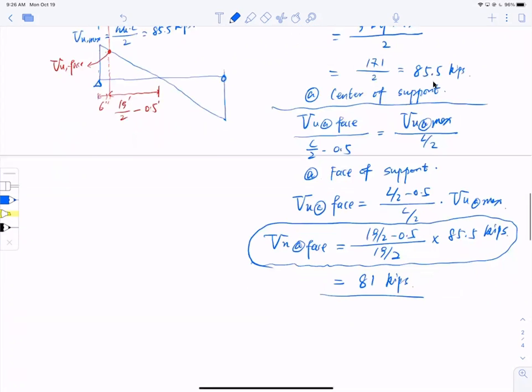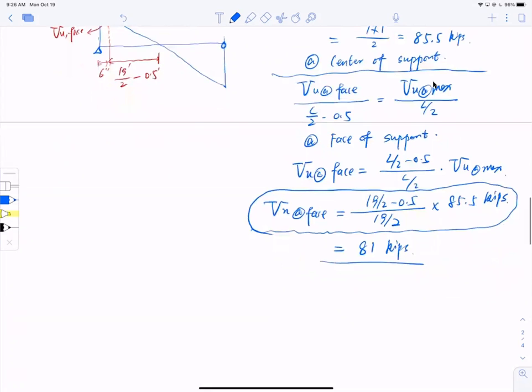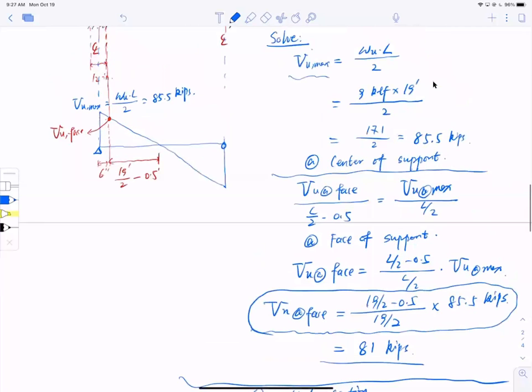So that's the shear force at the face of support. Going down here, the next question is, what is the shear force at the critical section? Where is this critical section going to be?